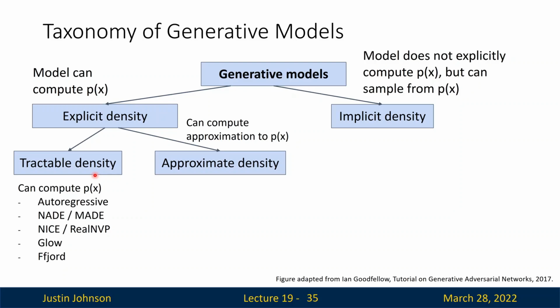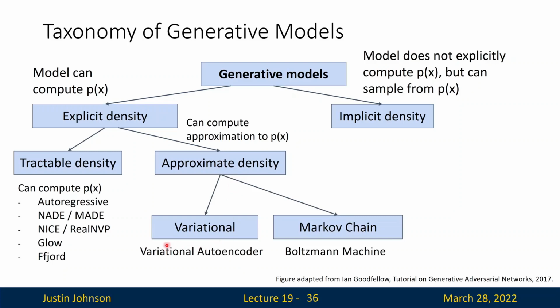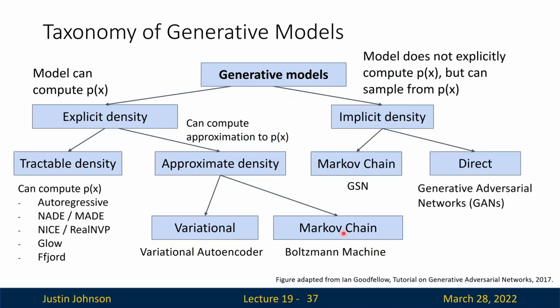Okay, this is also an image model. And another one is I have no way to compute it exactly, but I can approximately estimate the probability. Okay, so the variational autoencoder goes to this approach, and the Markov chains go to another approach, and our GAN, okay, is here.